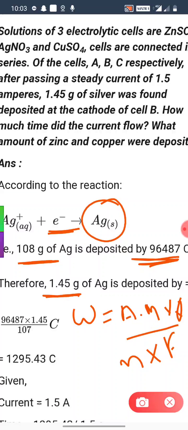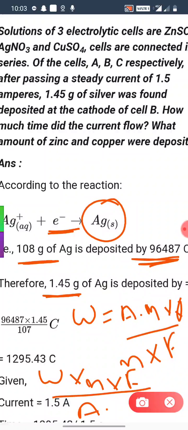Now in this particular case you need to find the value of Q, so the formula gets modified as W into N into F upon atomic mass. By substituting the values you can reach the value of Q. So this is what is done here.